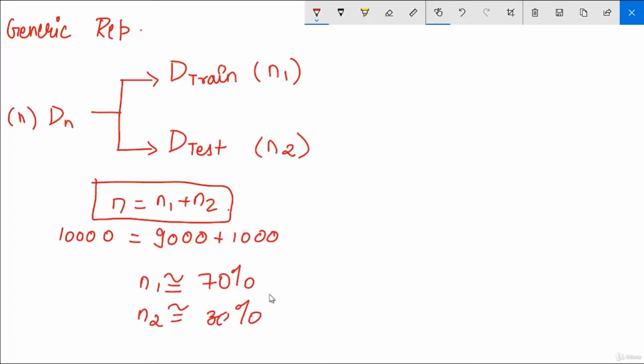What I'm trying to say is that if you have 10,000 values, you can take randomly at least 7,000 for training, and then automatically 3,000 will be for testing. This is how it works if we have a huge data set. Basically, the higher the accuracy, the better our model.